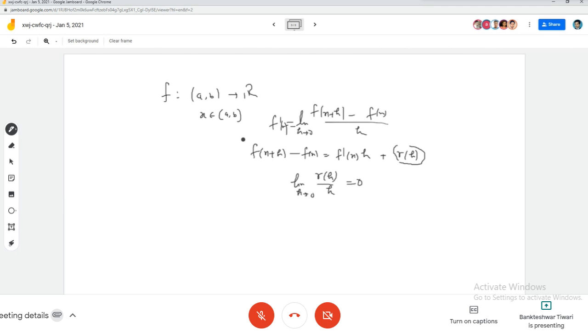So maybe instead of saying f'(x), you may call it a. So if your function is such that f(x+h) - f(x) is equal to ah plus some function which only depends on h, and divide this r(h)/h, this is called the remainder term.